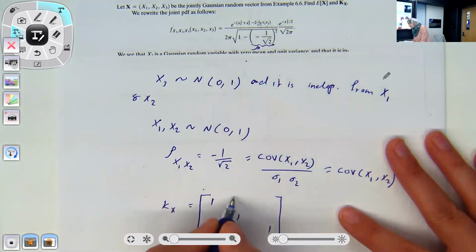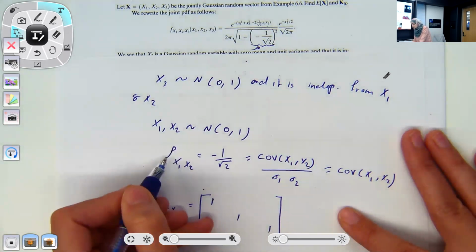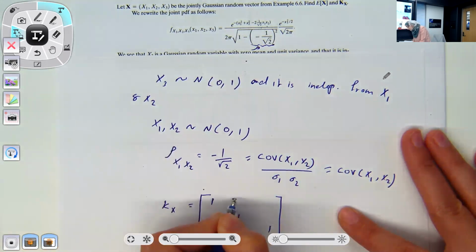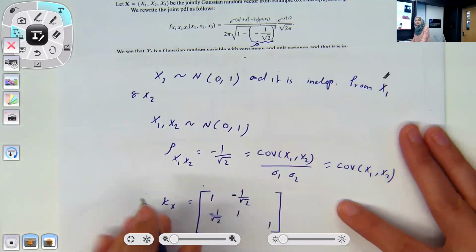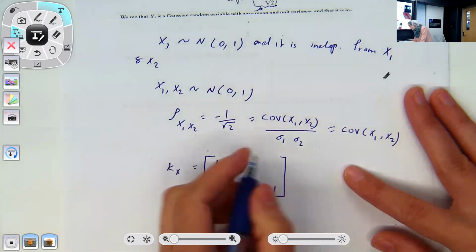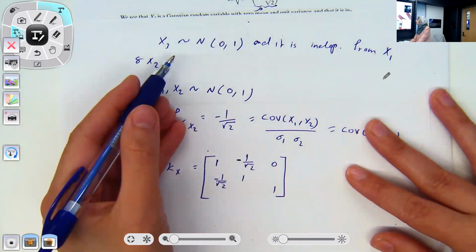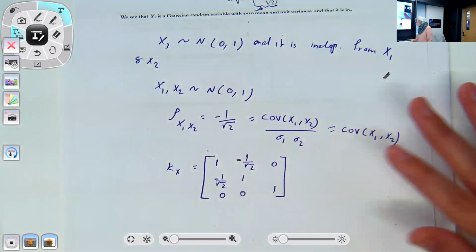And we know that there is a relation between x1 and x2, there is a rho correlation between x1 and x2. So here we need to put -1 over square root of 2, and here we need to put -1 over square root of 2, which is the same as the value of rho. The rest is 0. Why? Because x3 is independent from x1 and x2. So this is the value of K.